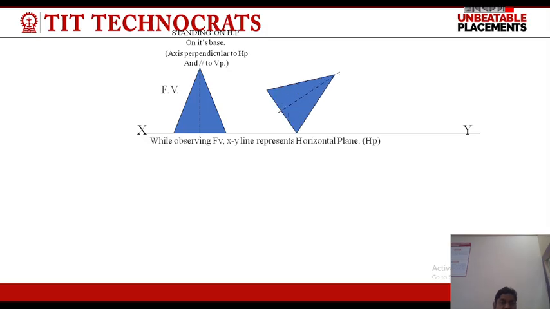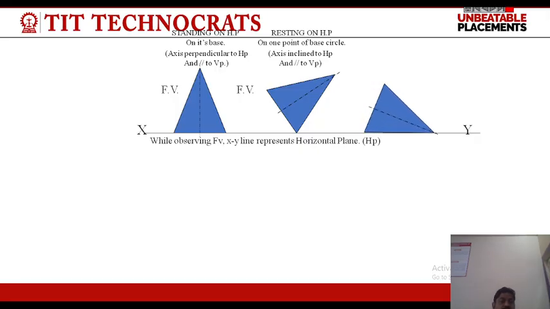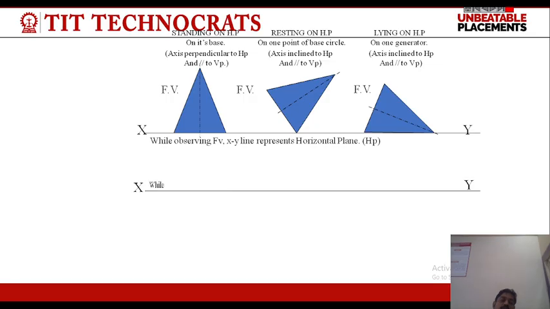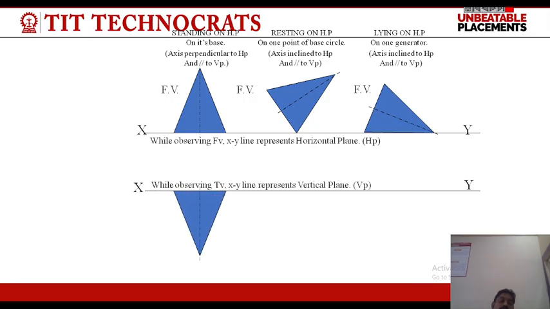Now, standing on HP on its base, axis perpendicular to HP and parallel to the VP. Axis inclined to HP and parallel to the VP. Now, lying on one of the generators, axis inclined to HP and parallel to the VP. While observing the top view, the XY line represents the vertical line.